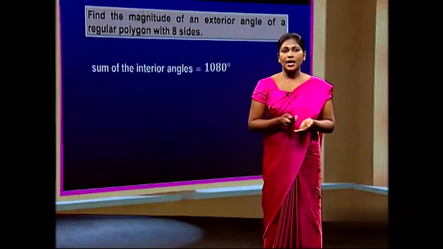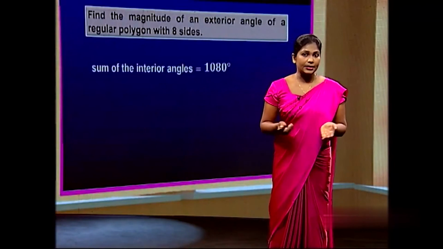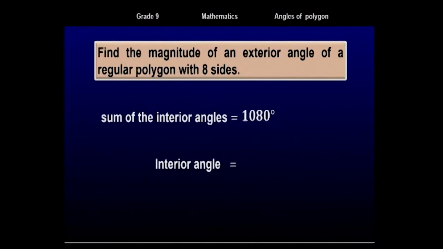The sum of the interior angles equals 1080 degrees. So the interior angle is equal to 1080 degrees divided by 8. Why do we have to divide by 8? Because this is a regular polygon.